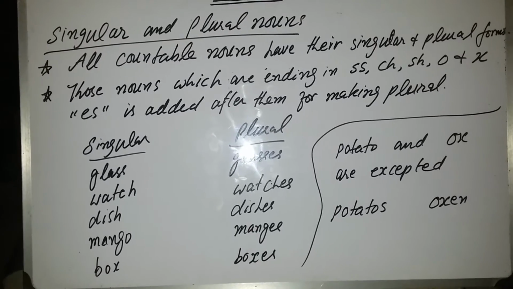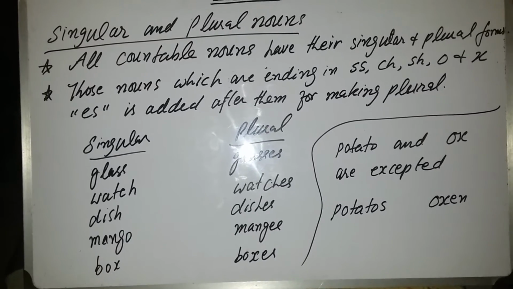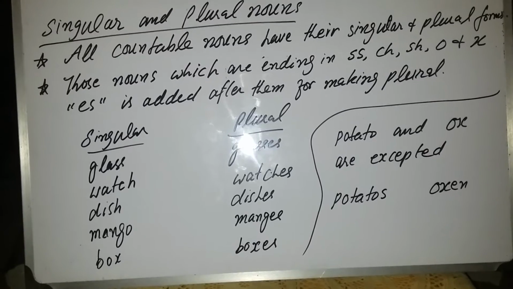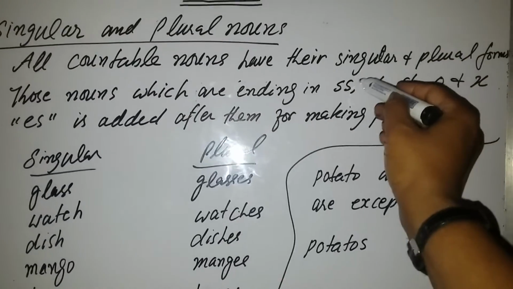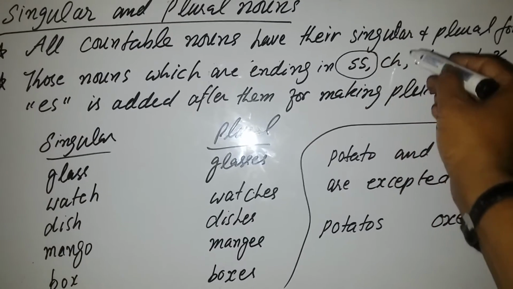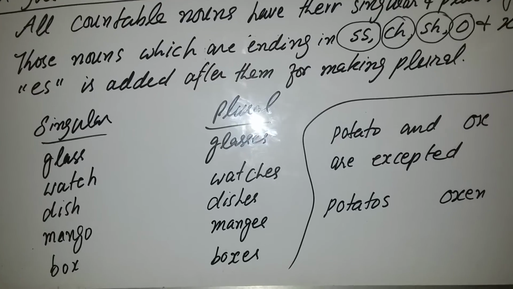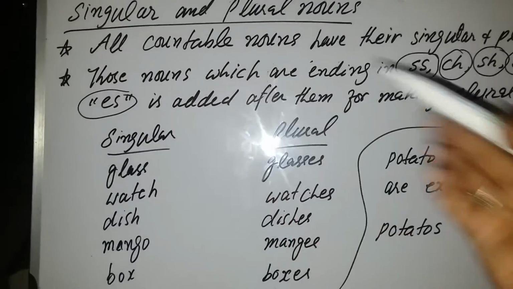Those nouns which are ending in ss, ch, sh, o and x, es is added after them for making plural. So all those nouns which end with ss, ch, sh, o or x, you will put es after them for converting them into plural.